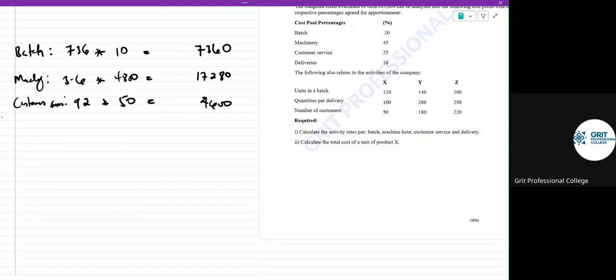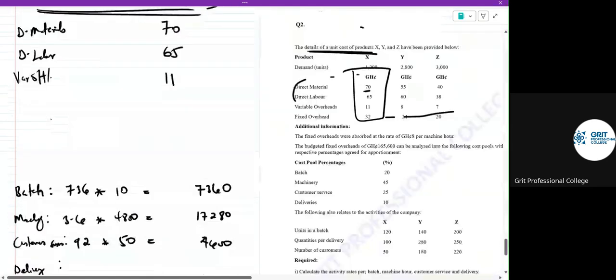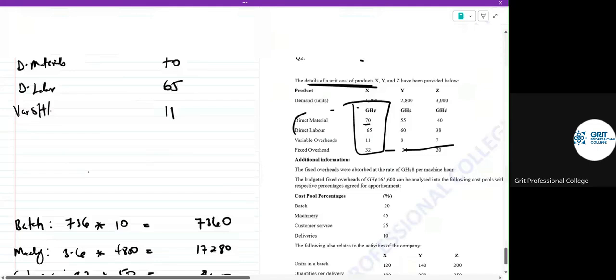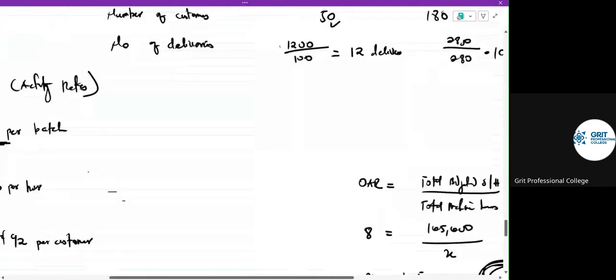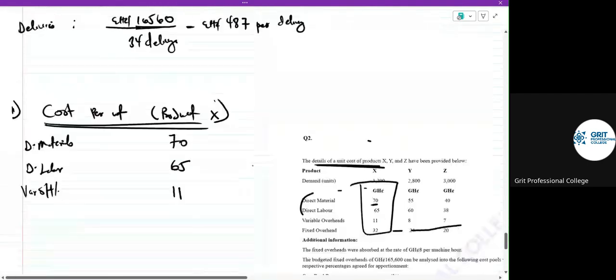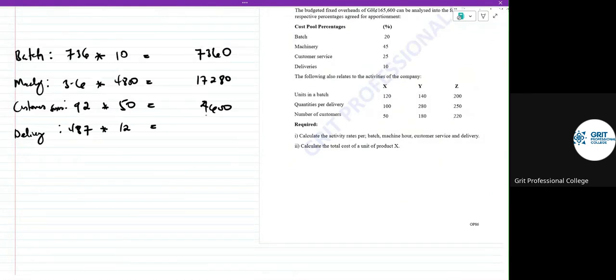And then finally, deliveries. Okay, the cost driver rate is 487 per delivery. And then what's the number of deliveries that we made for only X? We made 12 deliveries. And that'll give us how much? 5844.